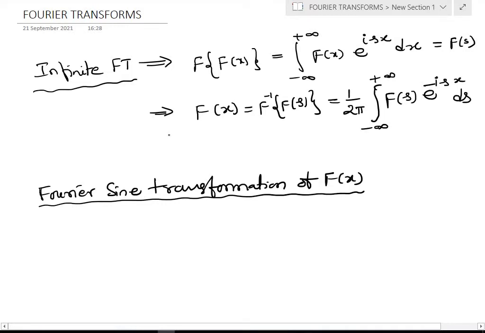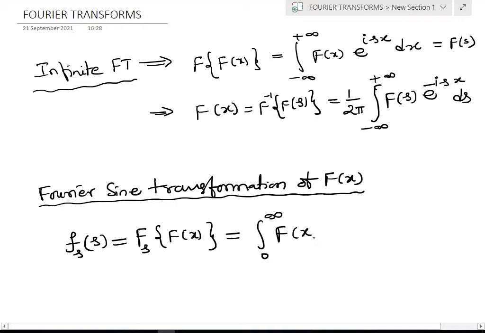It is defined as a function of s. The Fourier sine transformation of the function f of x is simply the integration from 0 to infinity. Remember here, x is varying from 0 to infinity, of f of x into, instead of e power i s x, only the sine part, sine of s x, dx.